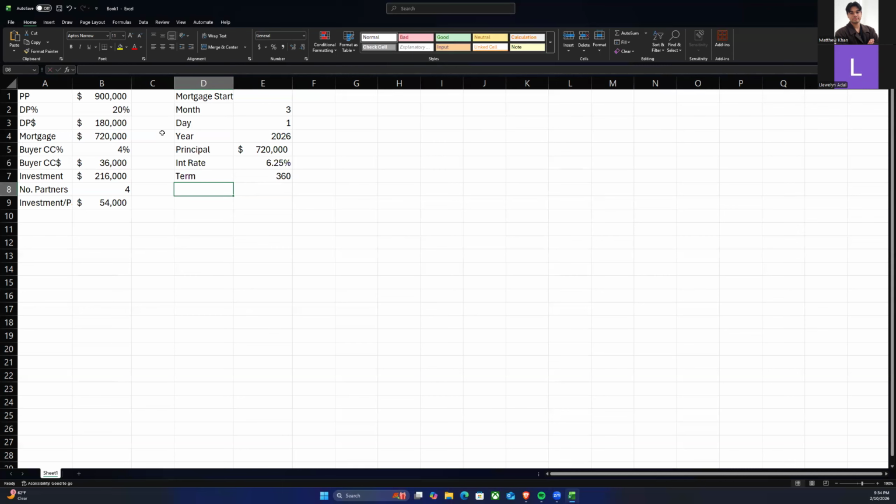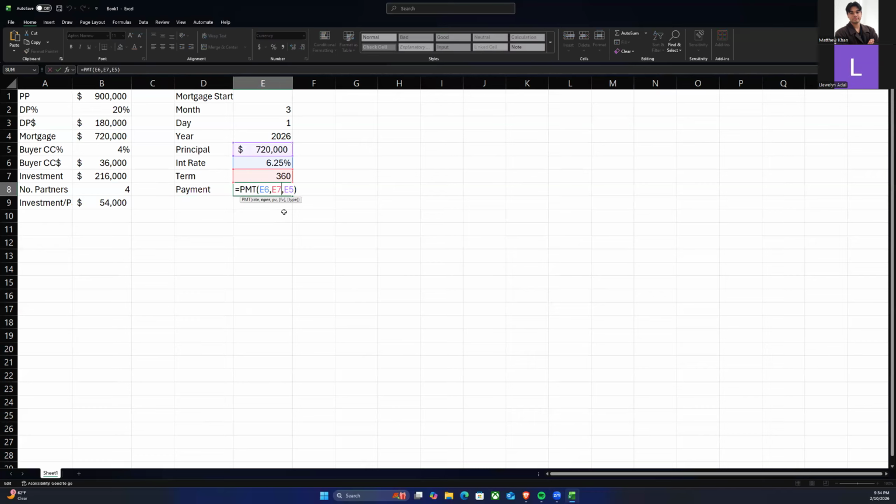And now we could arrive at a payment per month. So let's type in payment, and let's use our payment formula to calculate this. So we want that per month. So remember this formula, what we have to do.